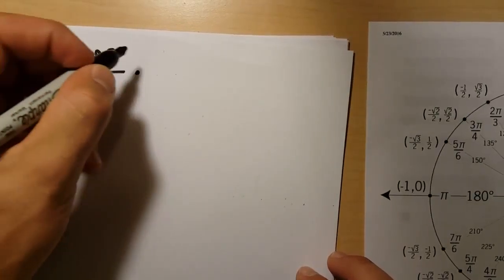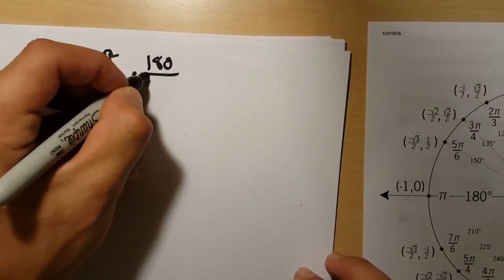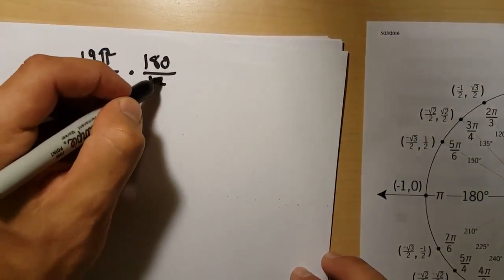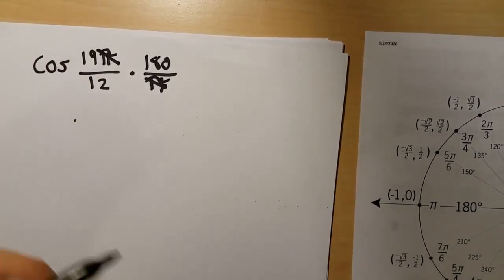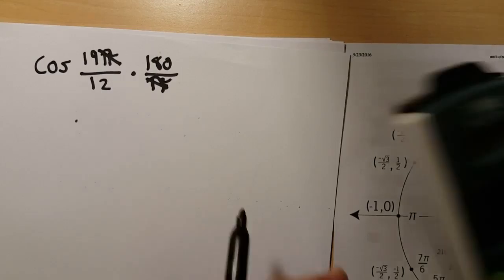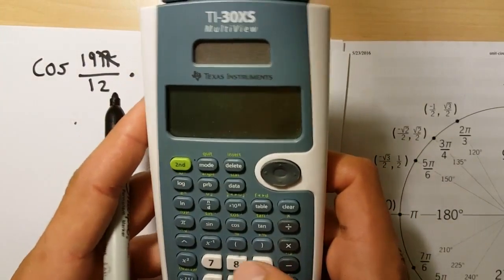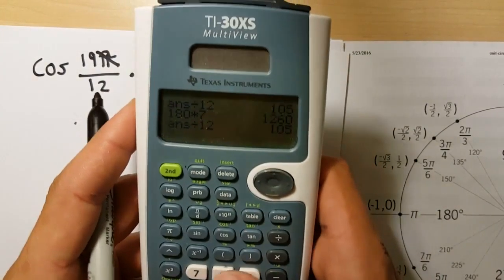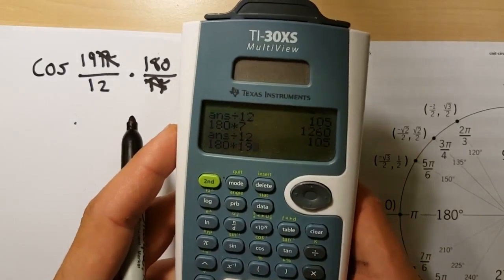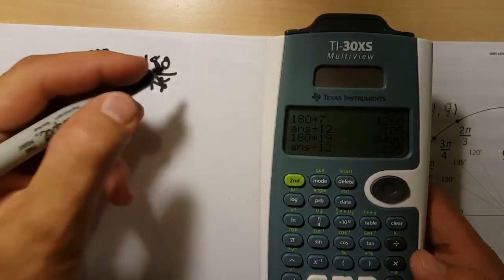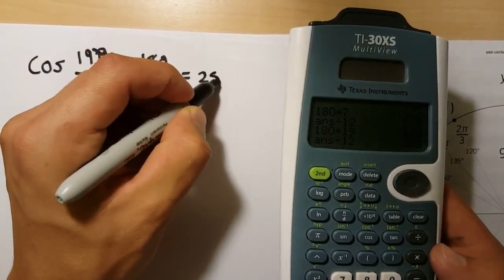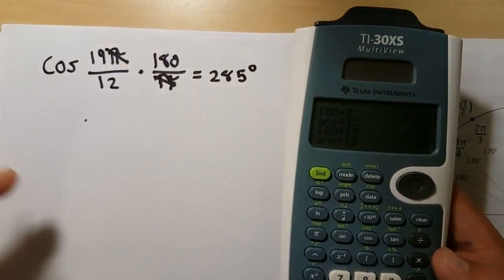We multiply this by 180 over pi in order to get degrees. The pi cancels, and 180 times 19 divided by 12 gives us 285. So this all equals 285 degrees.